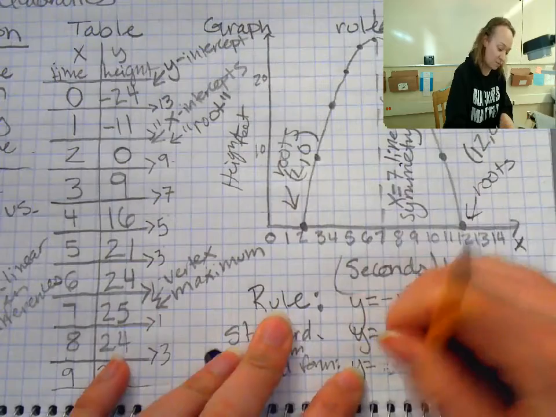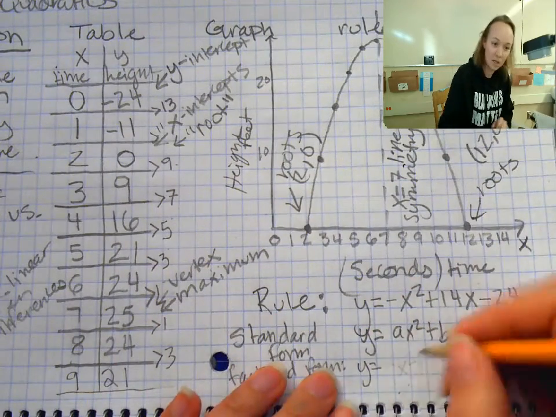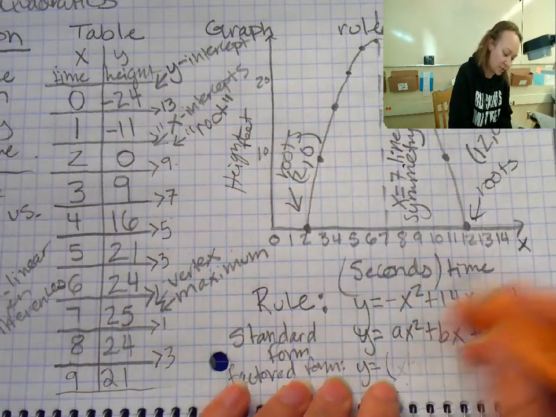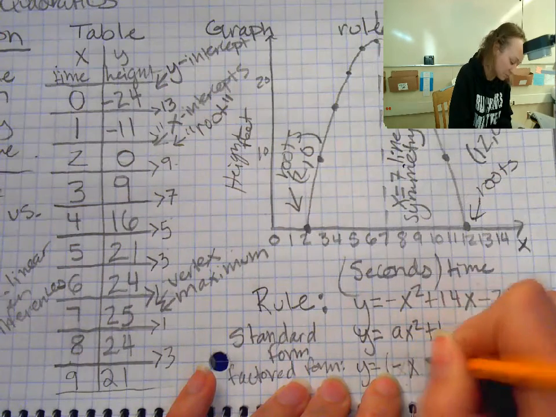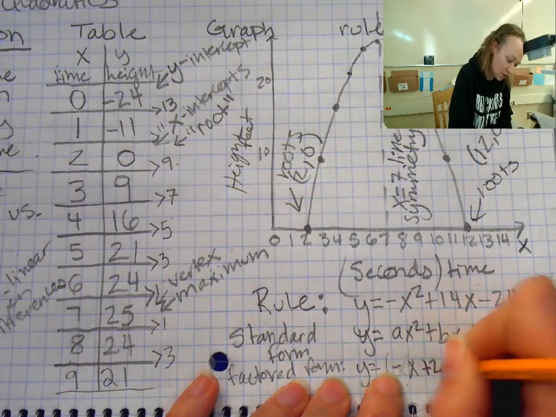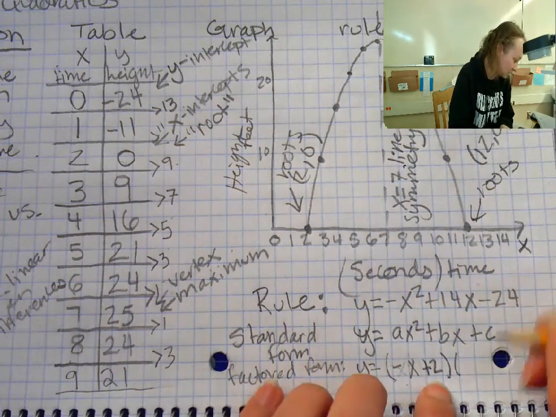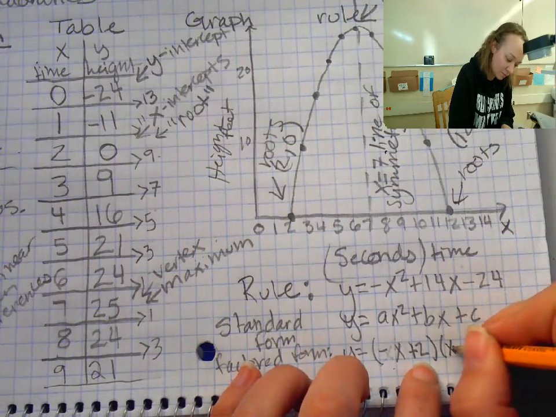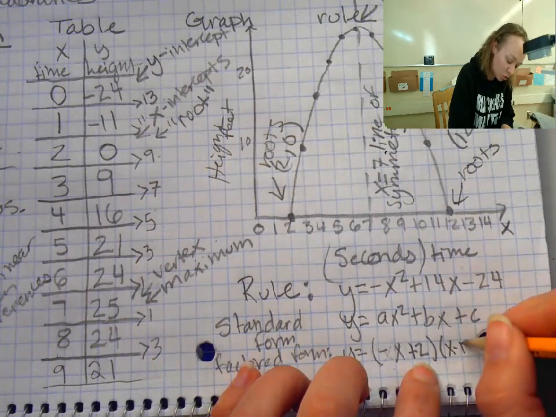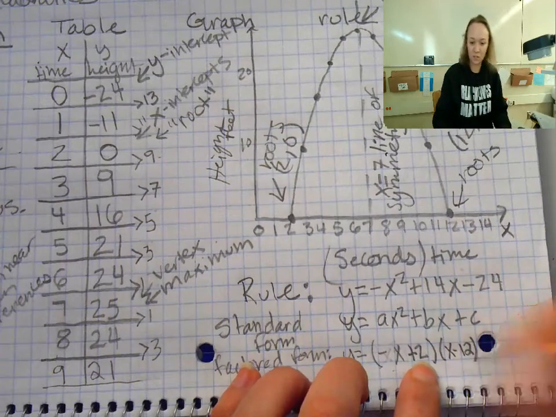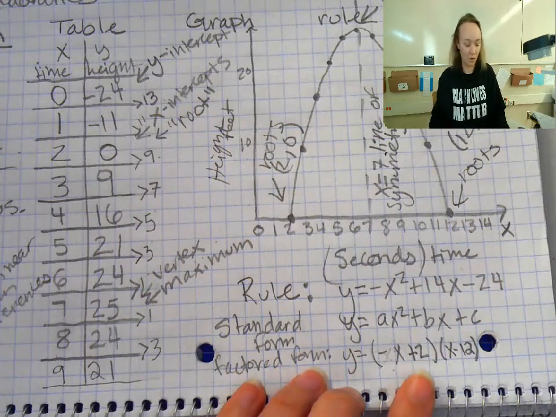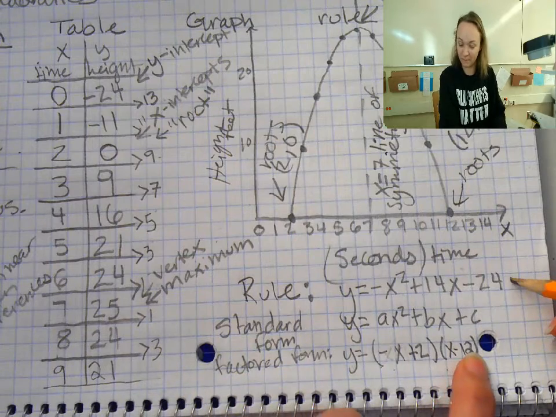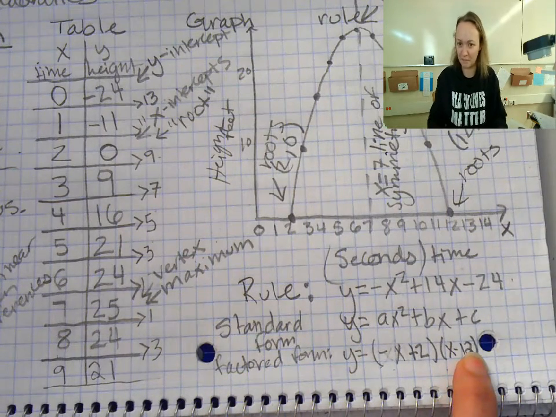The factored form is, in parentheses, negative x plus 2 times x minus 12. Ooh, barely squeezing that in there. Negative x plus 2 times x minus 12. And that is just the factored form of this quadratic. You can do it yourself to prove it. I would make you do it, except we're kind of out of time.